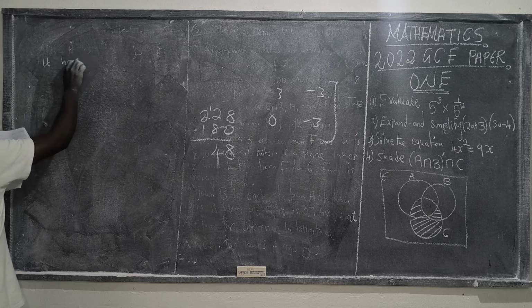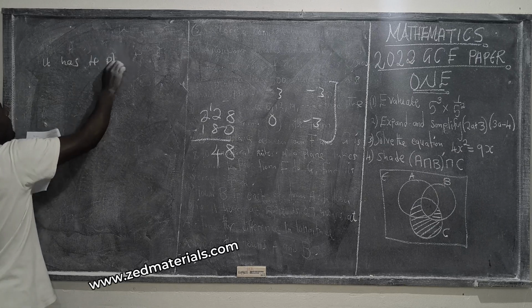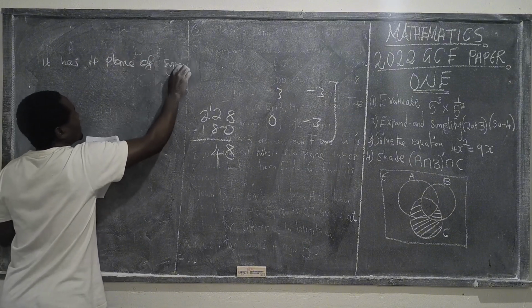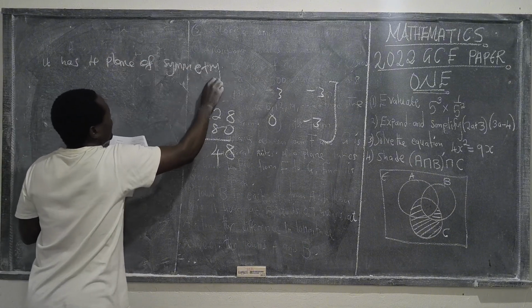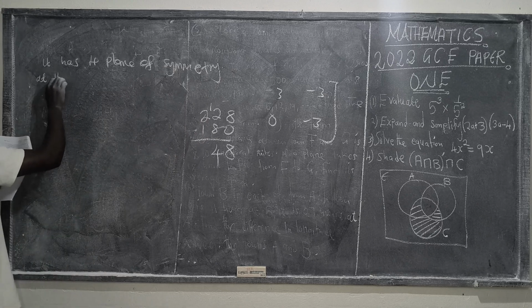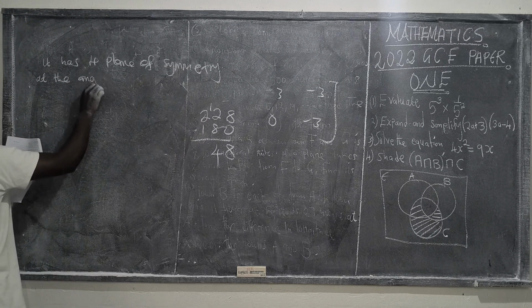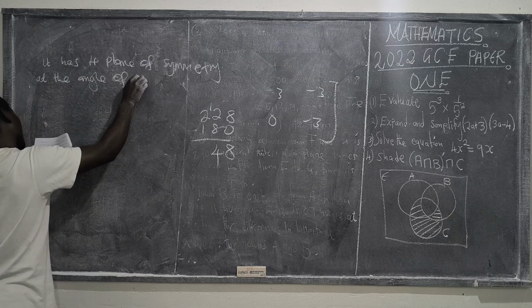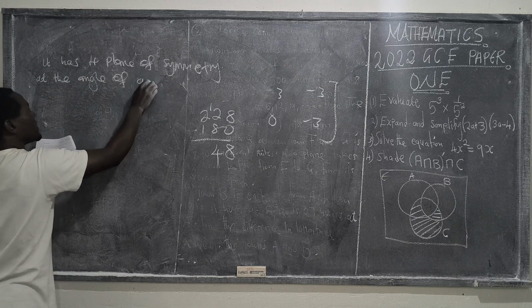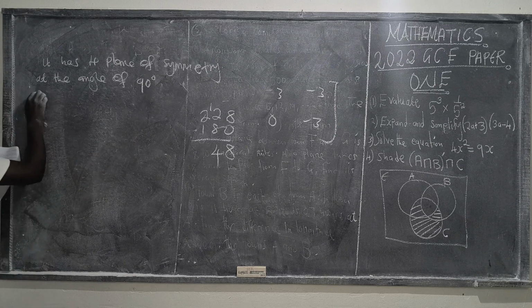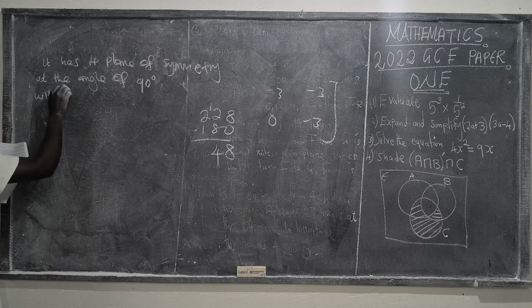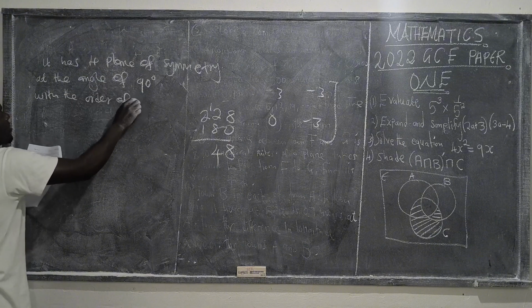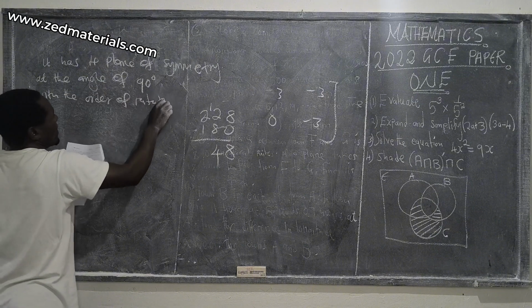So you will say, describe fully the symmetry. It has 4 planes of symmetry at the angle of 90 degrees with the order of rotation.